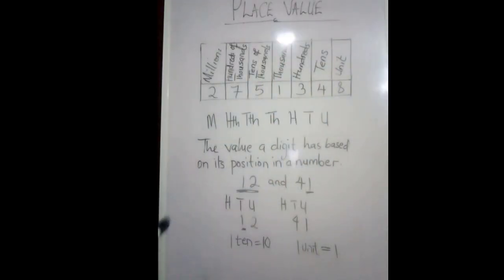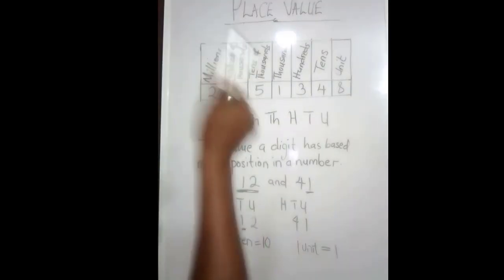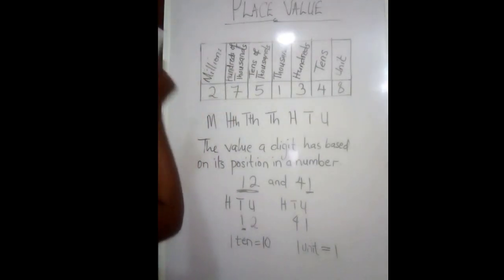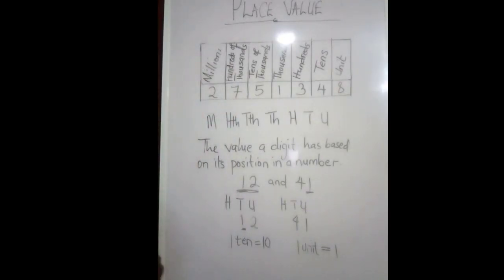And mind you, in this lesson we are considering numbers from 1 to million, numbers from the position of units up to the position of million. So that's why if you look at our chart, you have units, tens, hundreds, thousands, tens of thousands, hundreds of thousands, and then we're stopping at million.